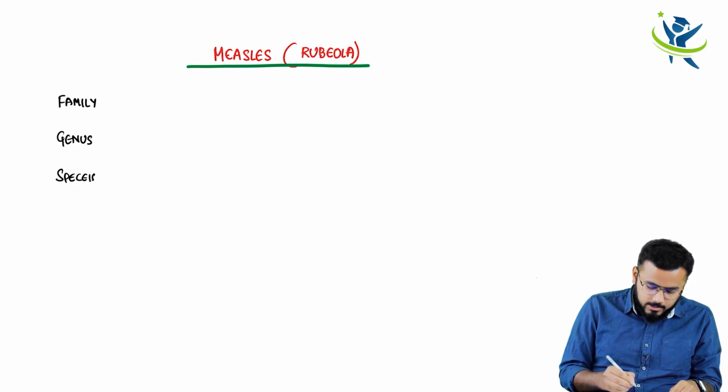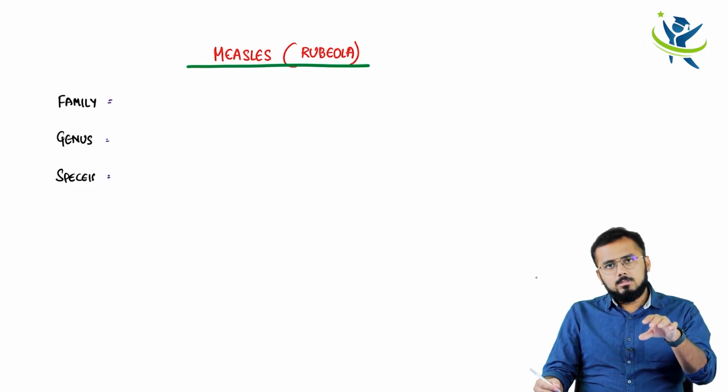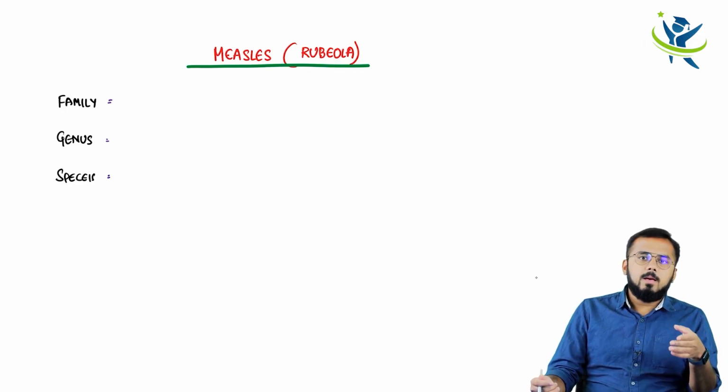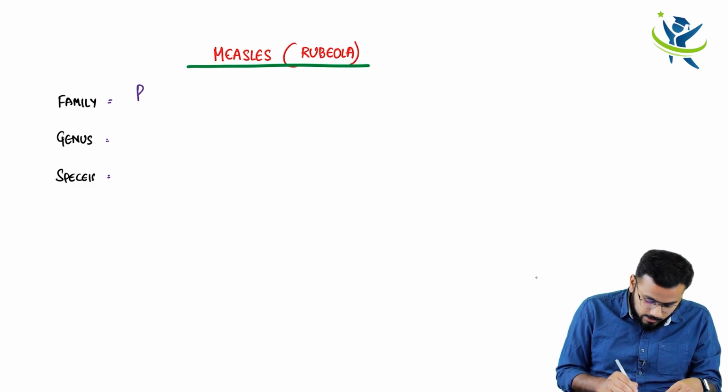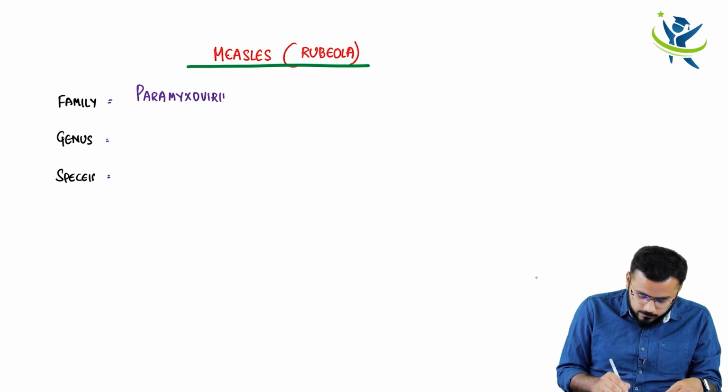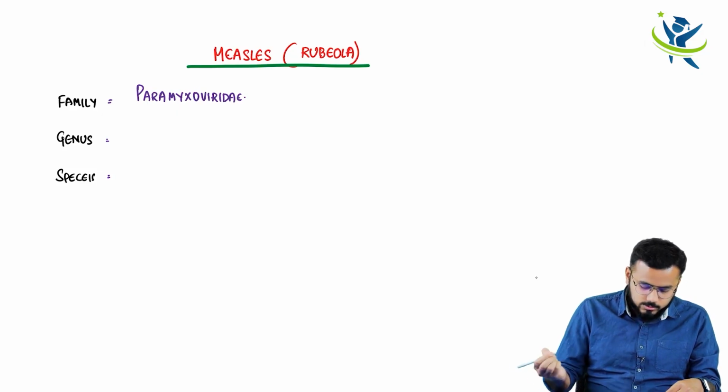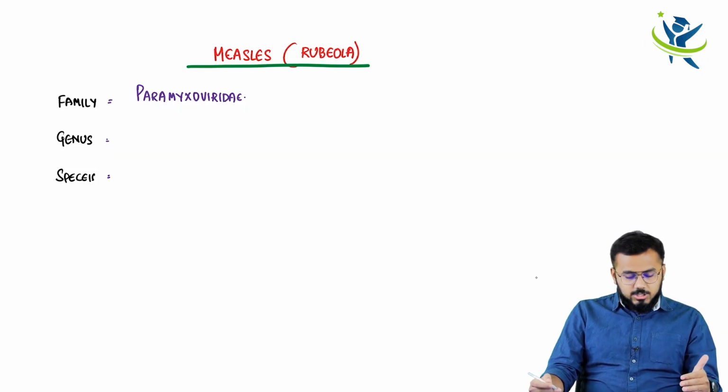Now regarding the family, what is that important thing you need to know? This measles or rubeola belongs to a family called Paramyxoviridae. I hope all of you are taking the notes. And what is the genus here?